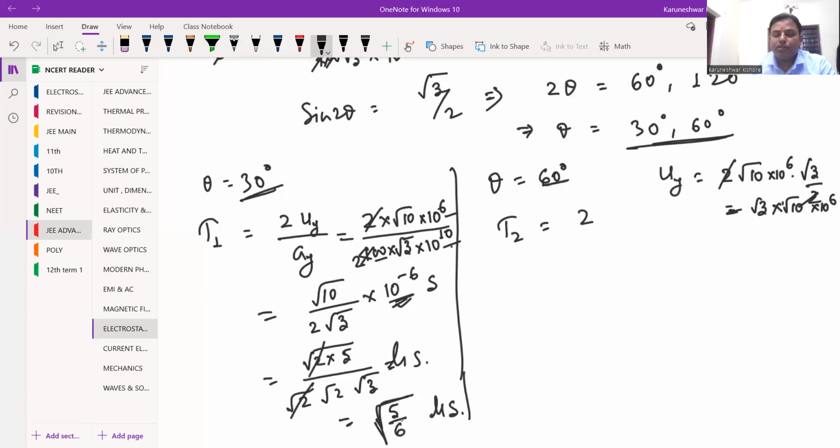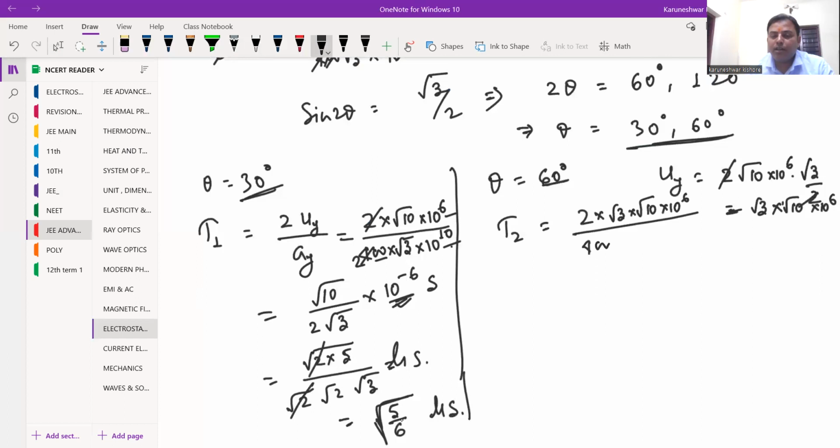You can consider this as 2uy. So uy is root 3, root 10, 10 to the power 6, divided by ay. What is ay here? ay is 400 root 3.